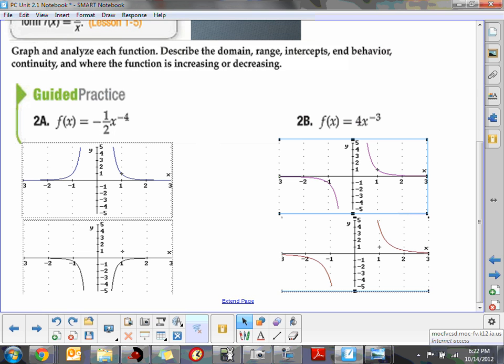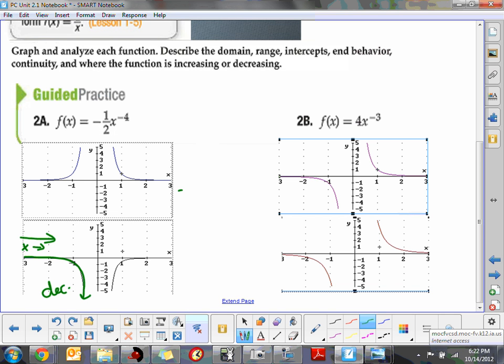And finally, increasing or decreasing. Keep in mind, we want to be very consistent in our strategy and method here. We want to look at a graph from left to right. So as we have our x values go from the left to the right, as they get larger, what's happening to our graph? Well, our graph is going downhill. If it's going downhill, it's decreasing.